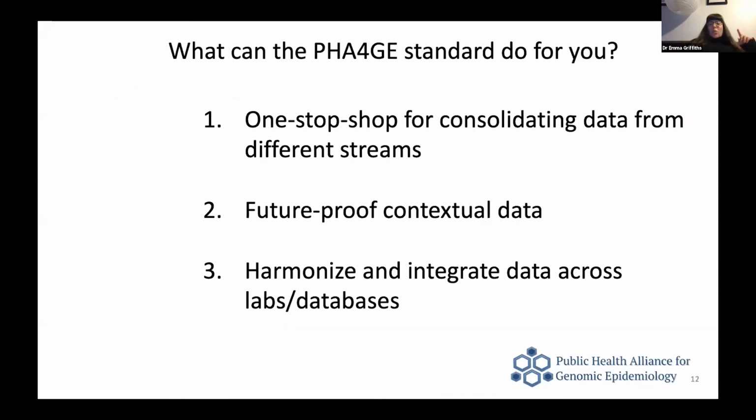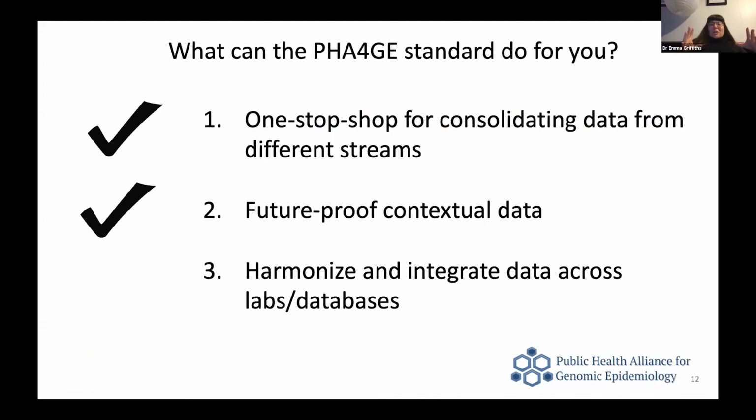Okay, so what can the phage data standard do for you? Basically, it's a one-stop shop for consolidating data from different data streams. So, if you have your methods information in one place, you have your epi data in another place, you have your CT values in another spreadsheet, this is a one-stop shop to bring all of that information together. And that's really critical because that helps to future-proof your contextual data. It's not just bringing it together, but it's putting it together in a standardized way where all of the fields and terms are defined.